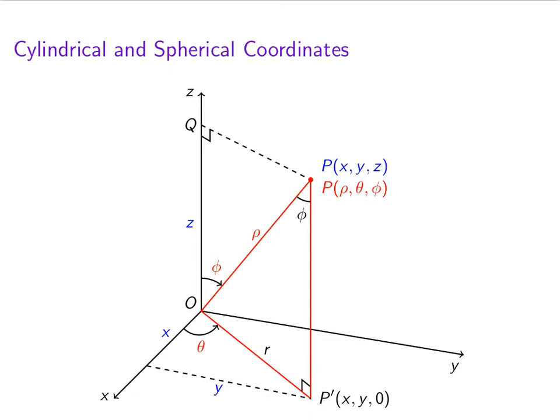That is a right triangle because the point P is being projected down into the xy plane to the point P prime, and then we join up with the origin to make a right triangle. If you're projecting down into the plane from the point P, then OP prime has to be orthogonal to P prime P. We also create this point Q by taking the point P and projecting it to the z-axis.